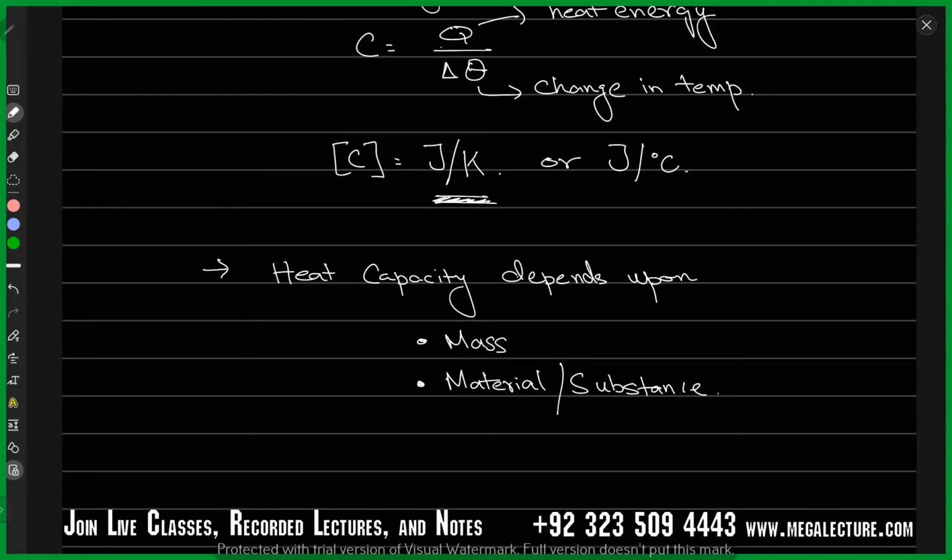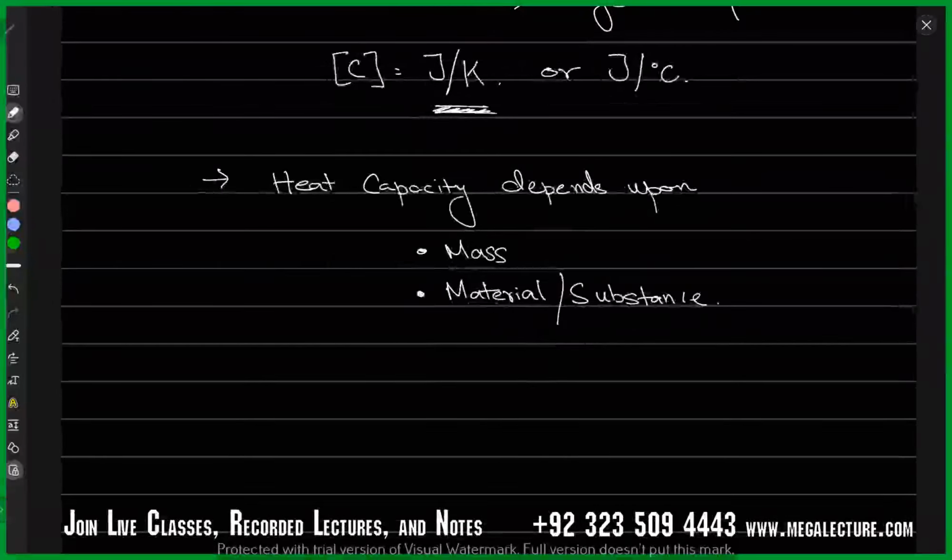For example, if I take the same mass of copper, we used an example for copper. More heat energy would be required to raise the temperature of this copper by 1 Kelvin or 1 degree Celsius compared to any other substance, for example water.